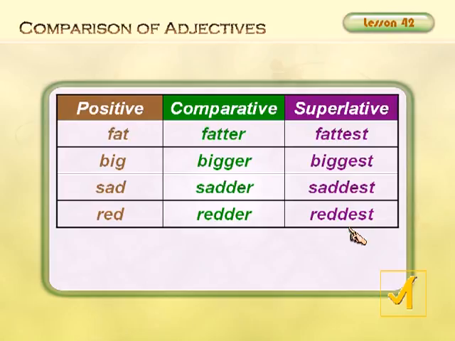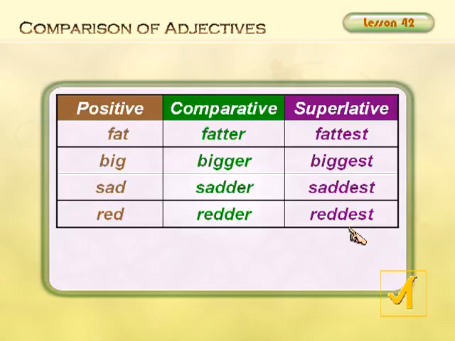The words fat, big, sad, red end in consonants T, G, D, and when they end in consonants, when you want to change it into comparative, you use the last letter double. So fat, you have only one single T, but you have to use double T here, and then as usual you add ER.